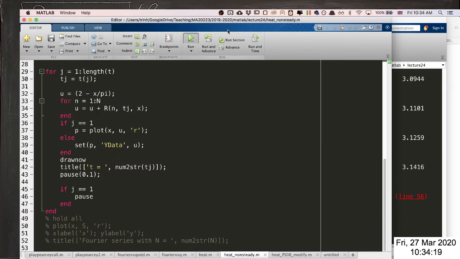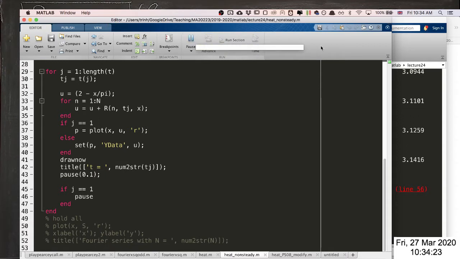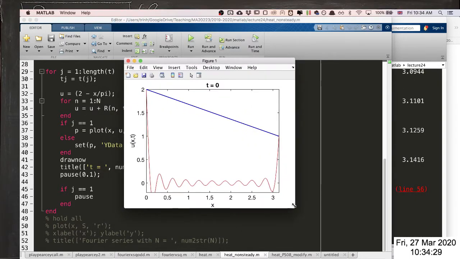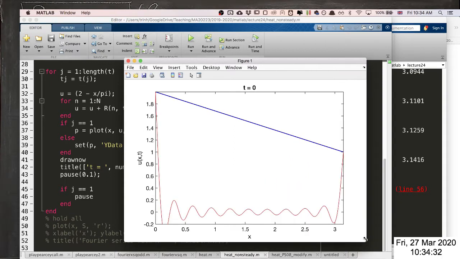Okay, so here we go. Let's run the code. All right, so this is what it looks like. This is time t equal to 0, and the blue curve is the steady state solution. What we're expecting is that as time increases, eventually the heat distribution in the bar will approach this blue curve.